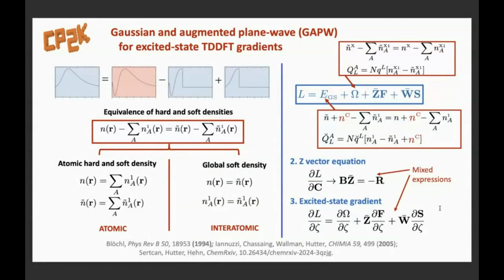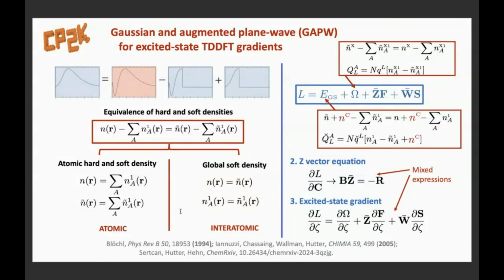Matt also gave an introduction to this, so I won't spend much time here. But just to remind you, in GAPW, we're trying to also capture the heavily fluctuating density at the atomic cores, which is not directly accessible at a reasonable computational cost with plane waves.